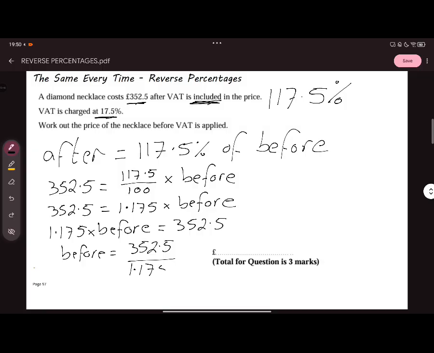So divide by 1.175 just there. And probably a calculator job for this one. So 352.5 divide by 1.175. And that gives me 300. Well, the fact that it turns out to be a nice round number makes me feel that perhaps I've got the right answer there. So 300.